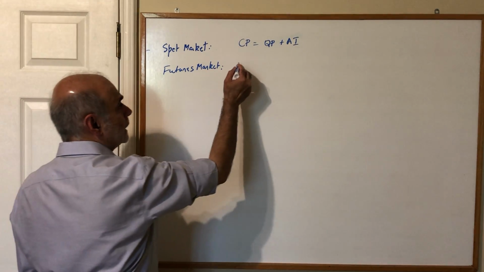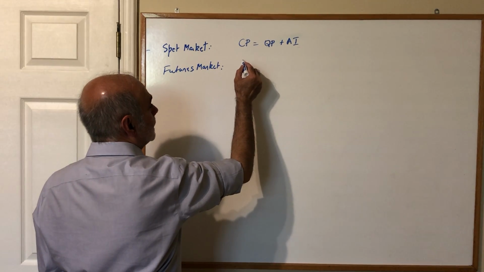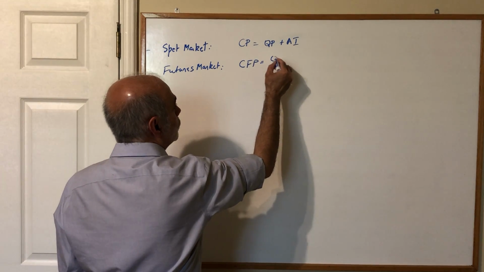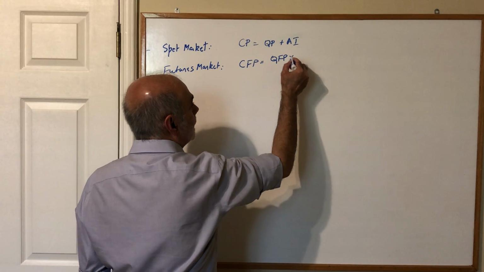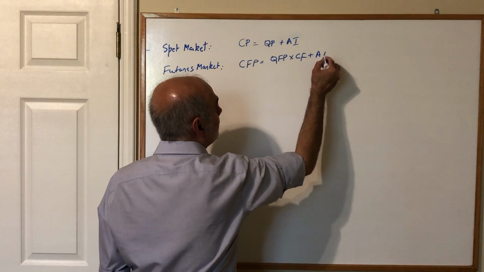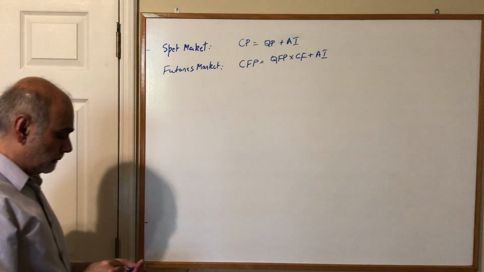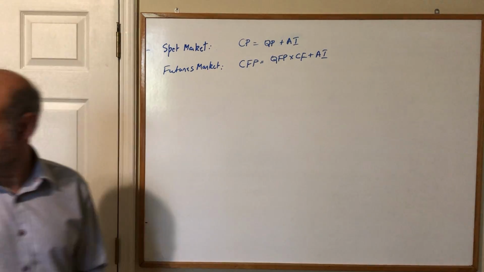In the futures market, we had how futures prices are set. We had the cash futures price is equal to the quoted futures price times the conversion factor plus the accrued interest. So let's summarize the stuff we've done so far.